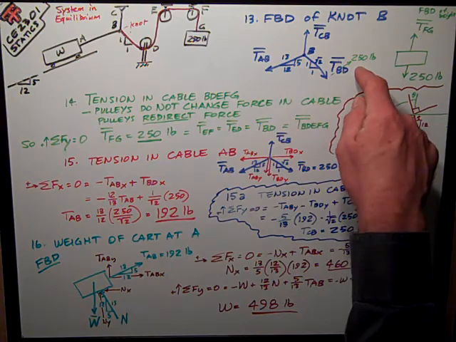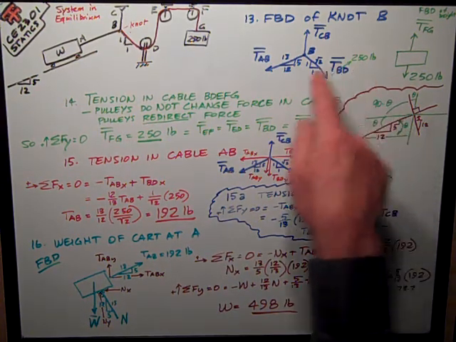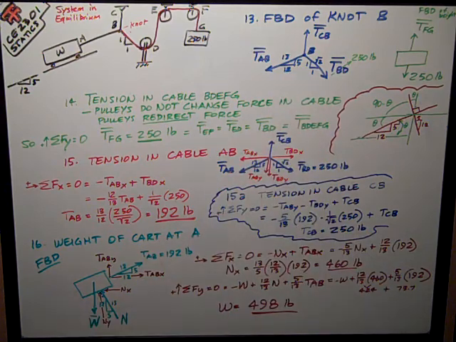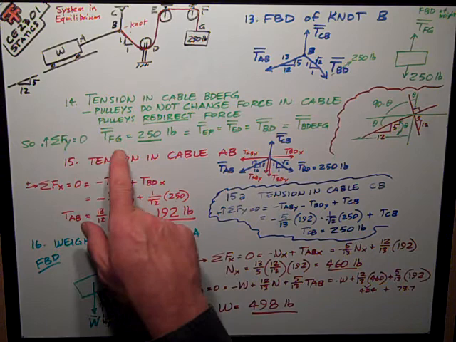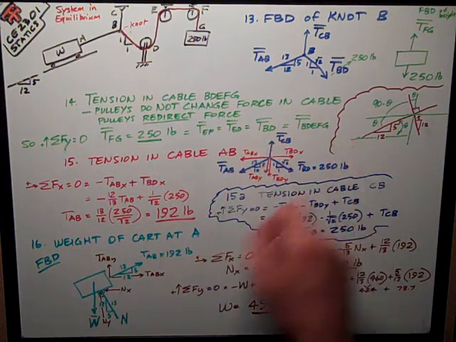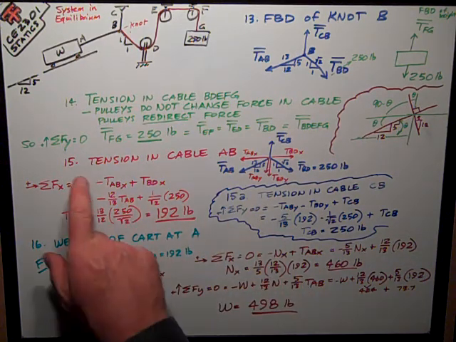So that's why I can substitute that in for the force in TBD, the vector connected at knot B, and therefore the force in that cable is just that 250 pounds. Very easy. I'm sure you feel guilty right now if you missed that one.